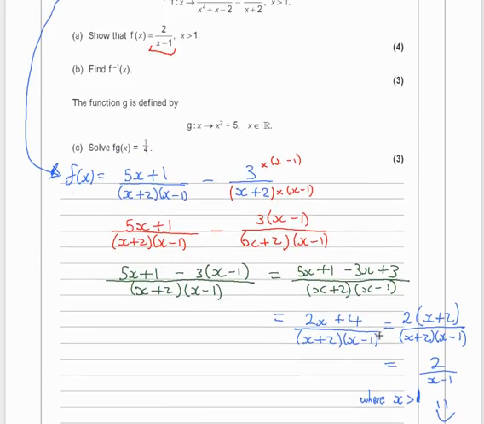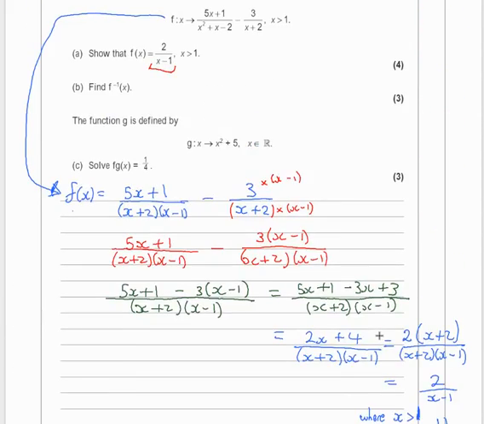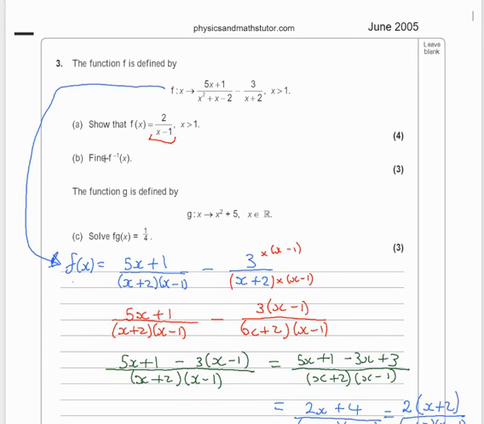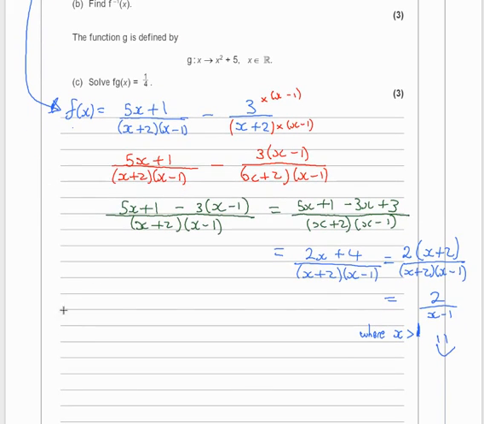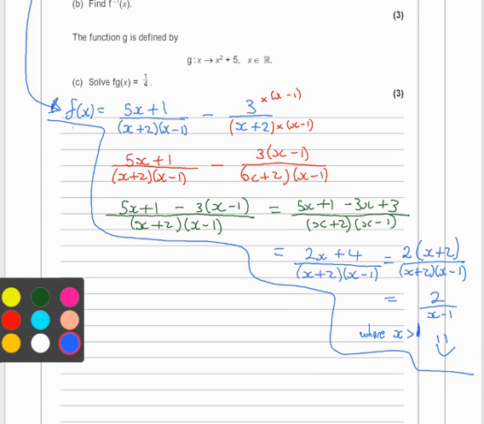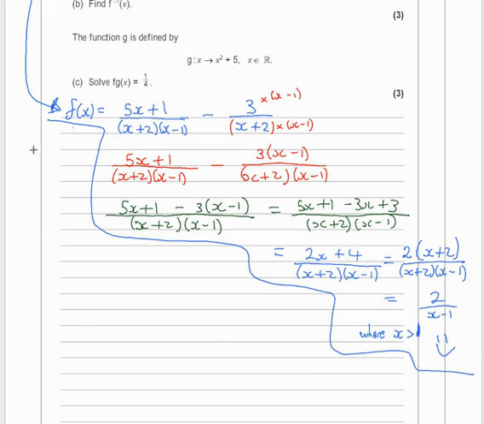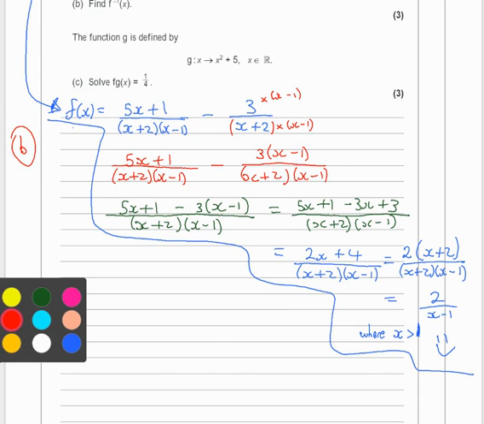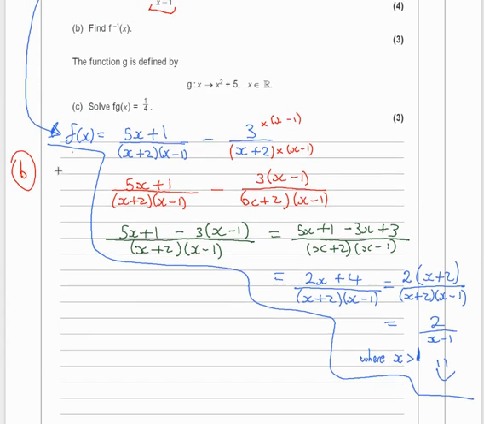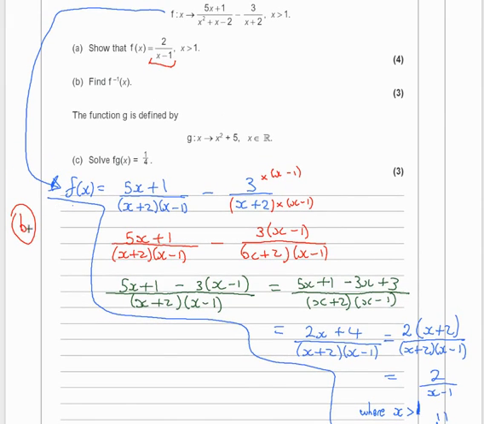Next, we have part B, which says find the inverse, or f minus 1 of x. So let's just make space. Rather than saying 2 over x minus 1, I can say let x equal 2 over y minus 1.